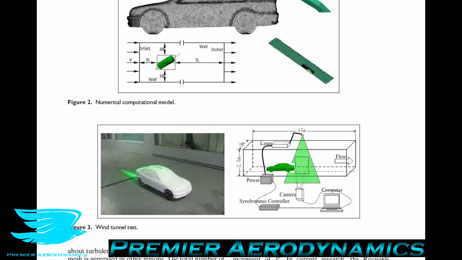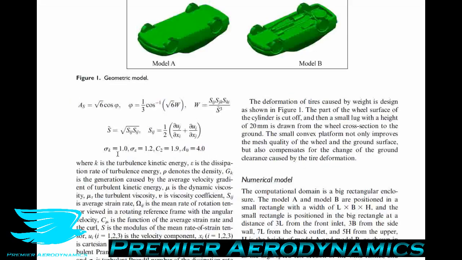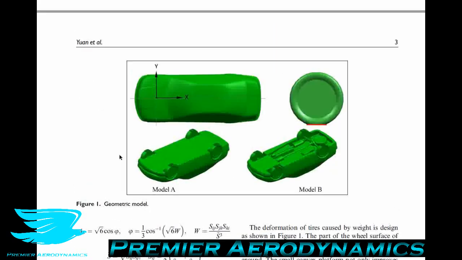So another effect of the rotating wheels is that tires start to expand in the radial direction because of the centrifugal forces. So the tires, as I mentioned, are made of this elastic material, this rubber. So if you start spinning this rubber, the wheel will actually start to fling out in a centrifugal manner. And that means that the wheel will become thinner and it will expand out in the radial direction.